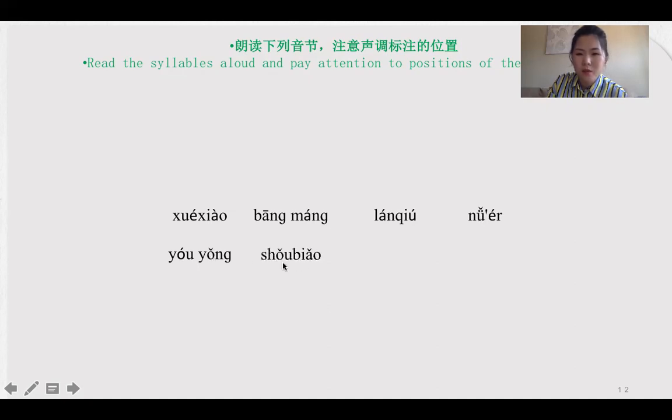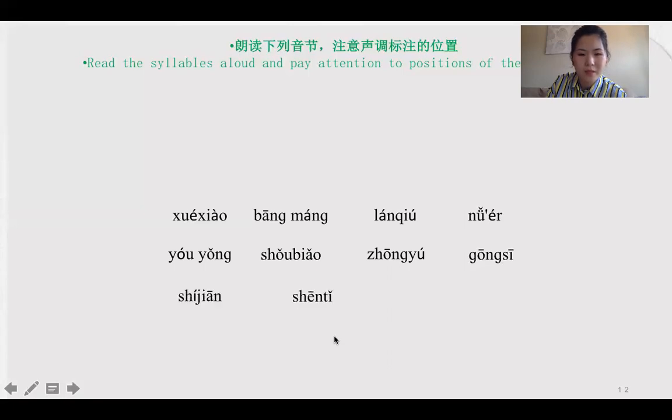手表, there's two third tones together. You change it to second tone and the third tone. 手表, and it's on o and a. So this one you see it's three vowels, i, a, o, but you need to memorize the order of the tones. a, o, e, i, u, ü, so it's still on a. 终于, so o and u. 公司, o and i.